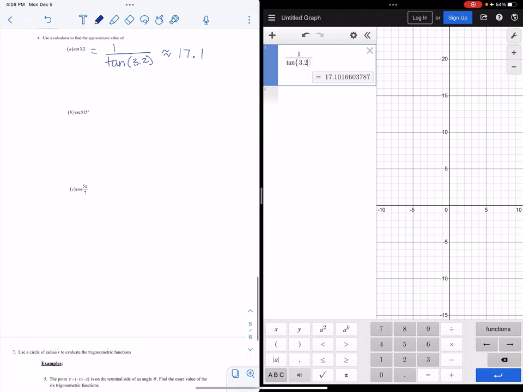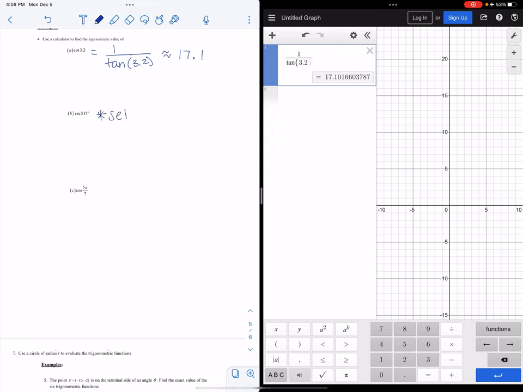All right, next we have cosecant of 515 degrees. So the first thing that I want to do is set to degrees. So on your calculator, find the mode button. On mine, my mode is on the very top, right next to the second button.